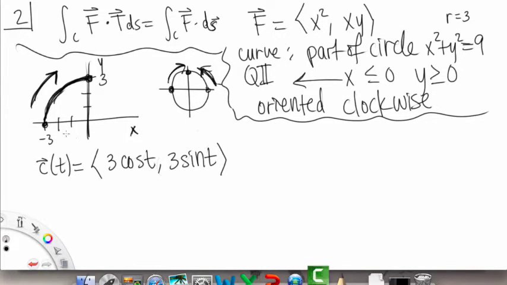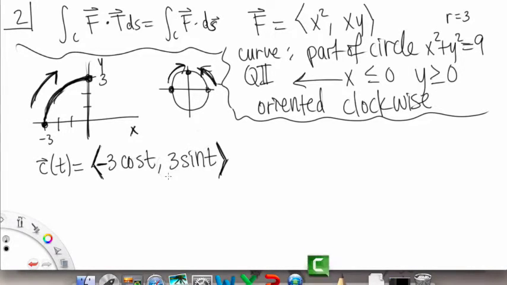So if we were to plug in a 0, we would get positive 3, but what we want is a negative 3 to start off. So we want to put a negative in front here. So as far as parameterizations go, you can kind of get creative with them. If you are a creative person, or even if you're not, this is a great way to work on your creativity and cleverness.